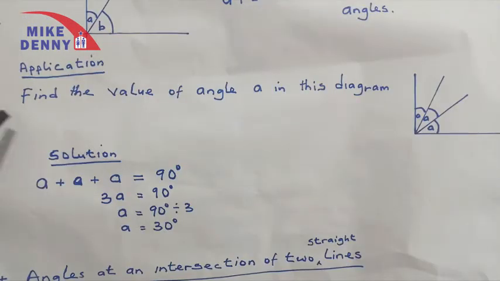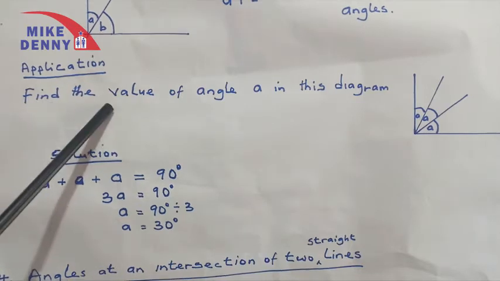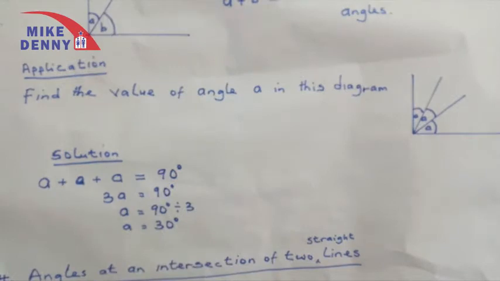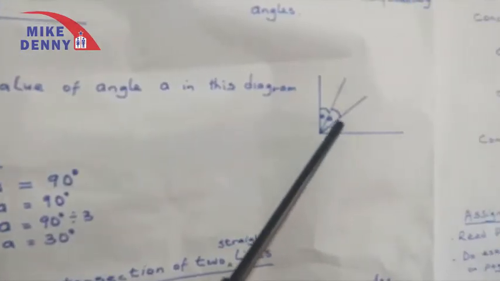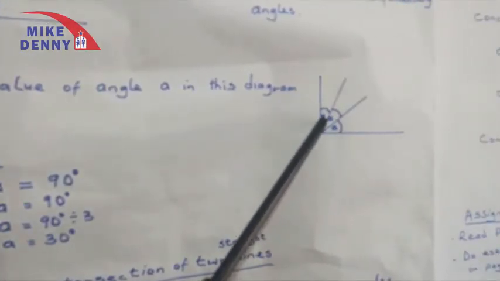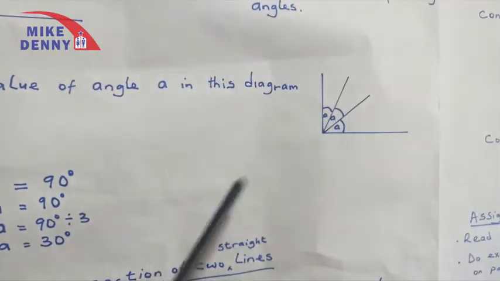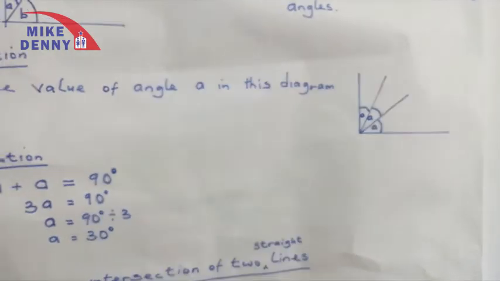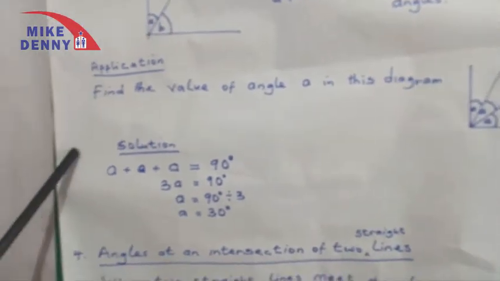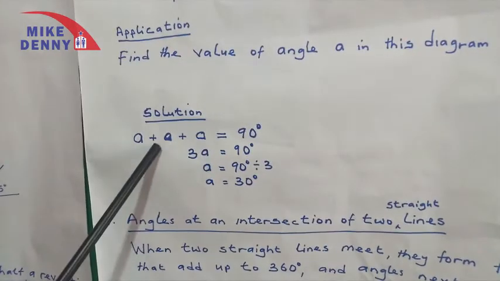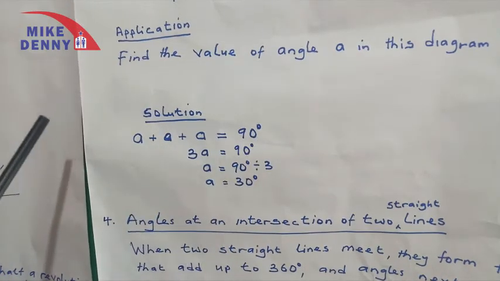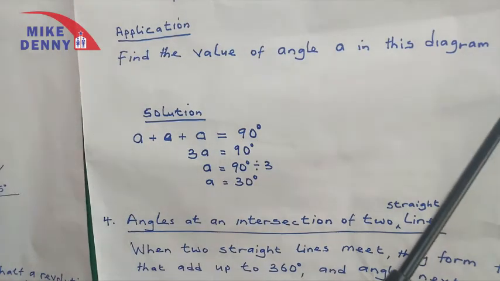Application. Find the value of angle A in this diagram. The diagram has three angles, and all of them equal A, which means that the angles are the same. How do you solve it? Solution. A plus A plus A equals 90 degrees, because this is a right angle.